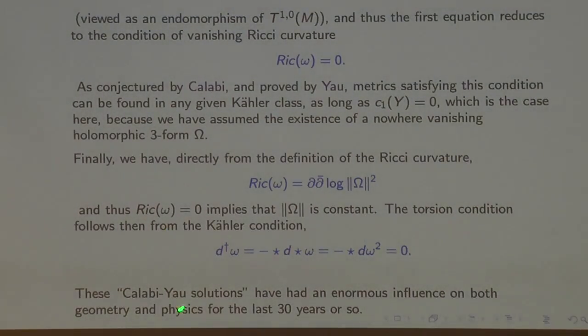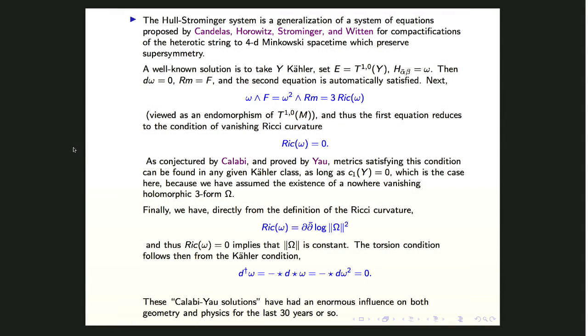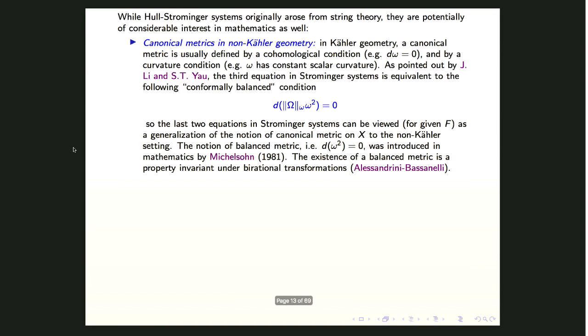So a Calabi-Yau manifold is a solution of this, and we can think about this as a kind of trying to generalize these solutions. Now, I mentioned quickly the origin of the Hull-Strominger system from string theory, but potentially they are of interest in math as well. There are at least some pretty obvious reasons.